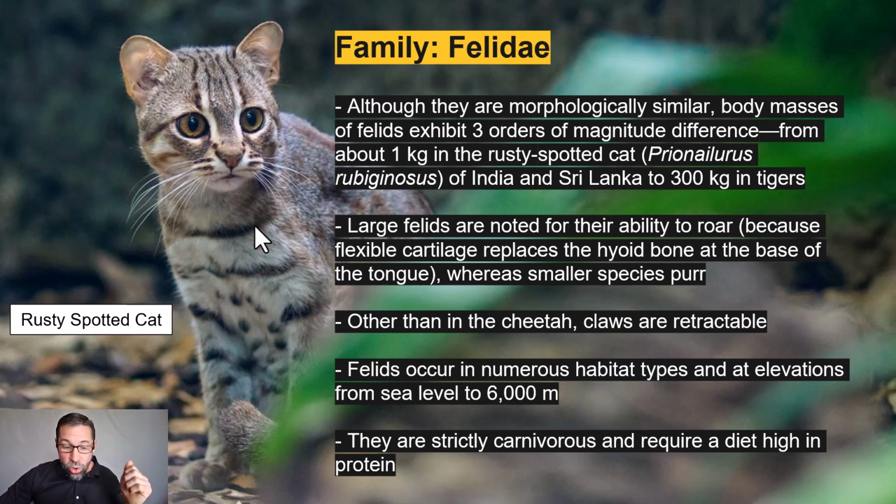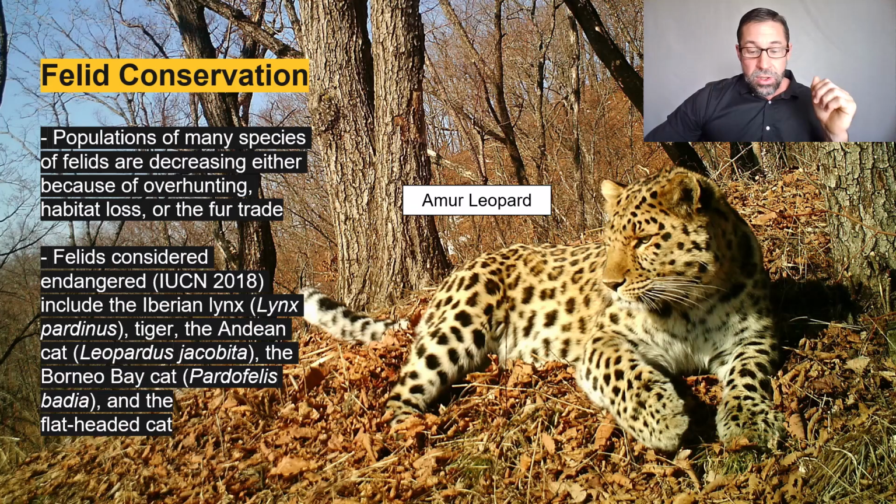Think about your snow leopards. The felids are strictly carnivorous, requiring a diet high in protein, the most carnivorous of the carnivores. Most felids are nocturnal. They are very agile, and they're either going to stalk their prey or they're going to wait and then pounce in ambush like the leopards.